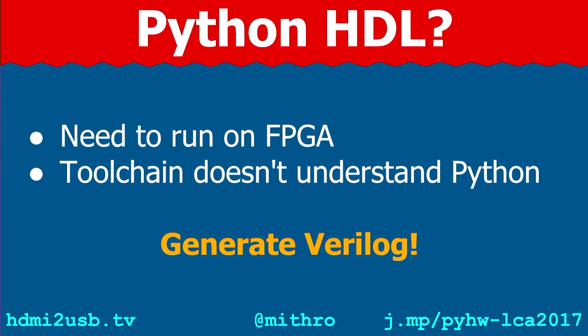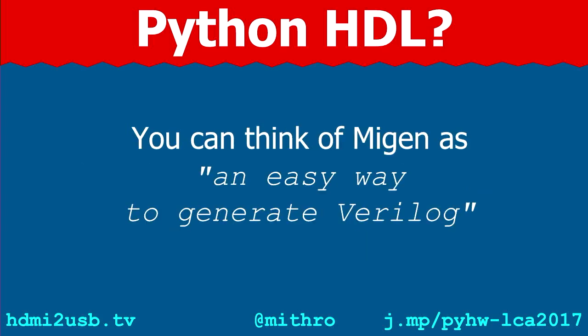The problem you have with the Python HDL is that to convert it to run on an FPGA, the FPGA toolchains don't understand Python. And so we get around that by generating a language they do understand, which is Verilog. So ultimately, you can think of MiGen as just an easy way to generate Verilog.